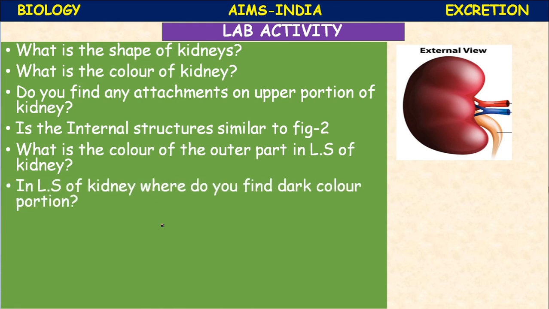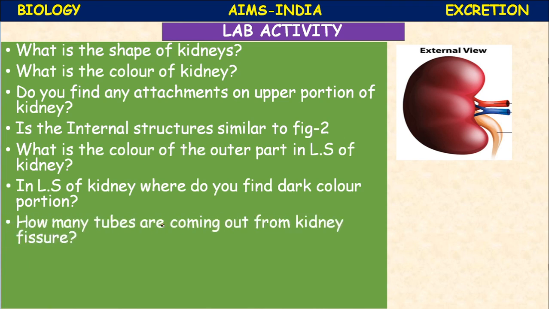In the LS of kidney, where do you find the dark color portion? We find the dark color portion in the inner medulla region of the kidney. Outer cortex, inner medulla. How many tubes are coming out from kidney fissure? Okay, there are three main tubes, two blood vessels and one ureter.